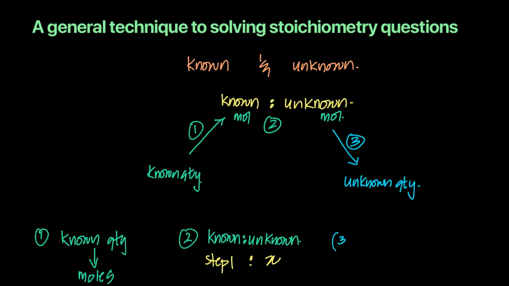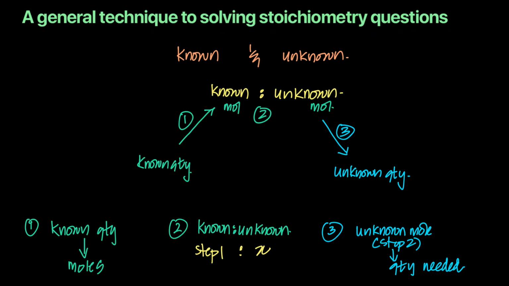And then in step number 3, you're going to take the unknown's moles, which came from step 2, to convert them into the quantity needed, be it mass, be it volume, be it whatever else that you need. And this general technique can solve any mole reaction questions where there's a reaction taking place. So that's the idea, and we can apply that to a question right now, but this is the process.